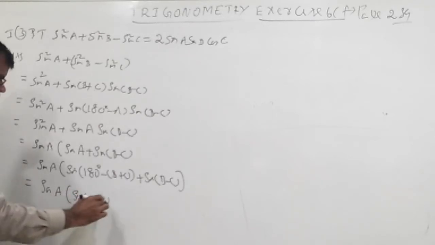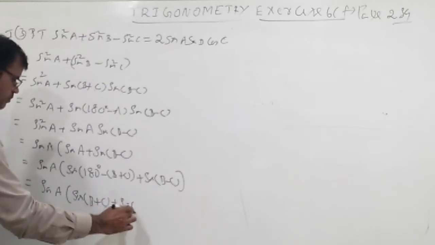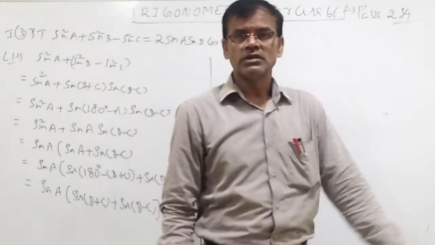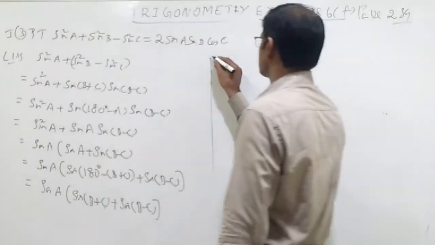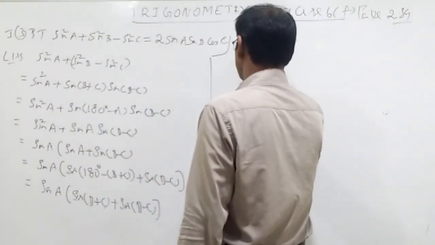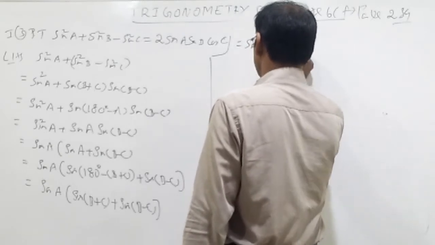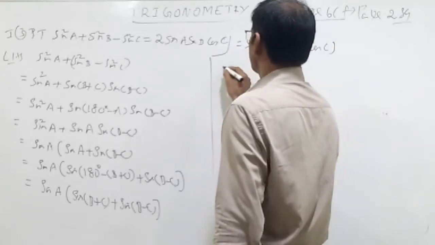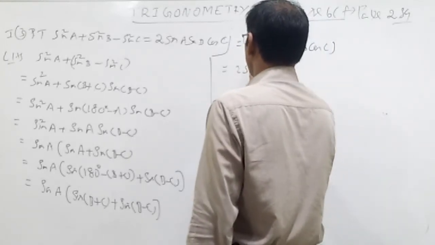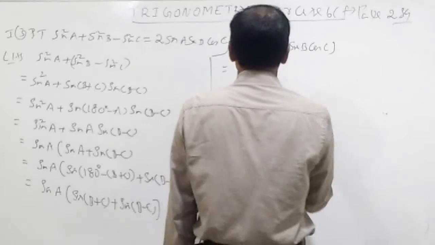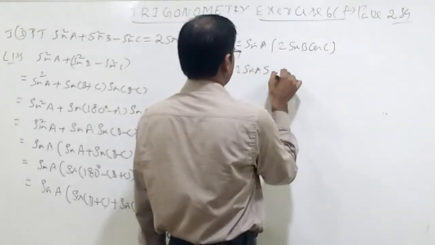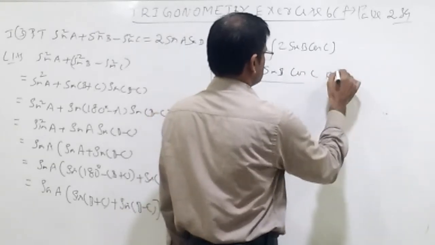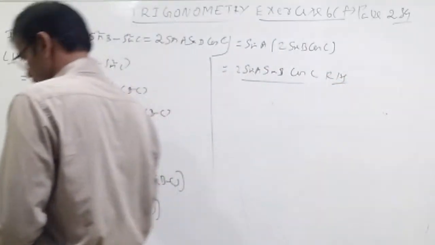So this is sin A into sin of B plus C plus sin of B minus C. We have learnt the formula sin A plus B plus sin A minus B is 2 sin A cos B. So that is equal to sin A into 2 sin B cos C. So multiply and write in the order, it becomes 2 sin A sin B cos C. This is RHS.